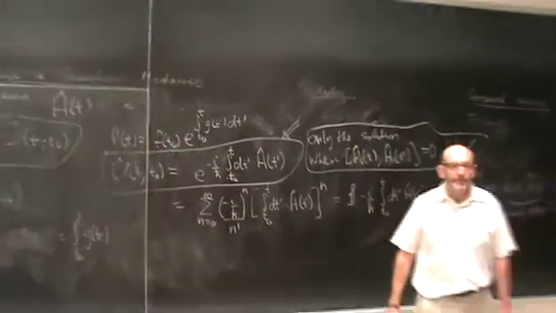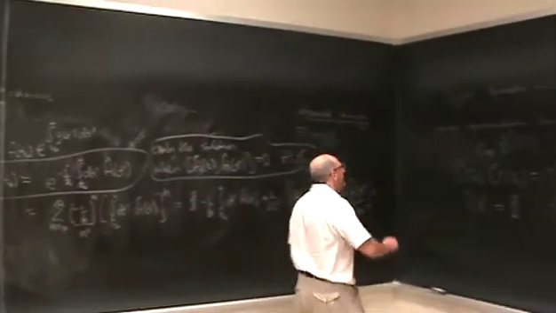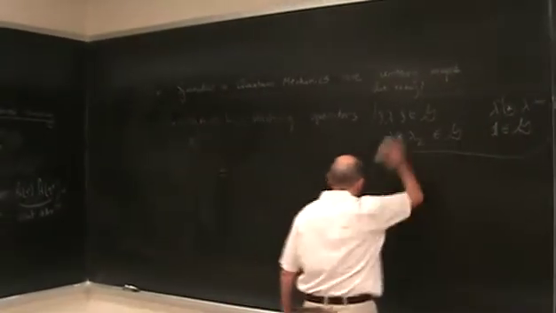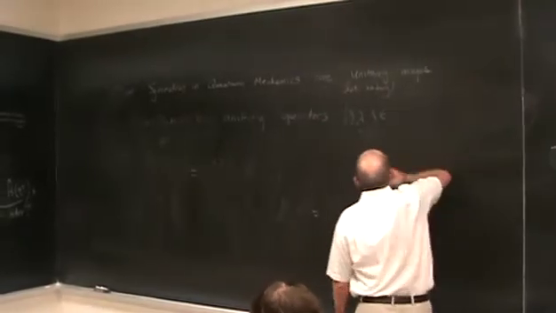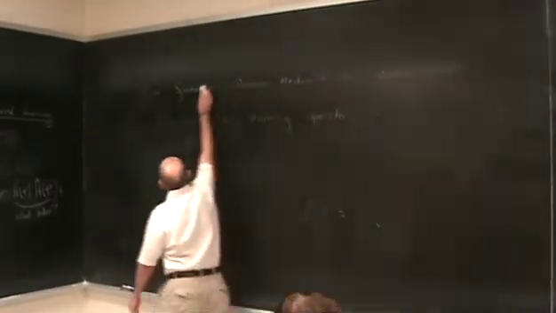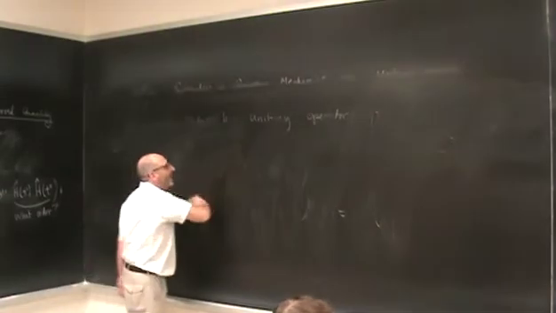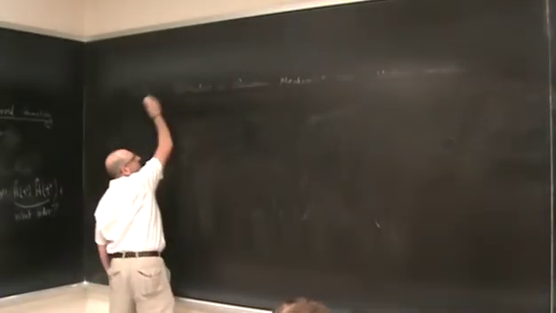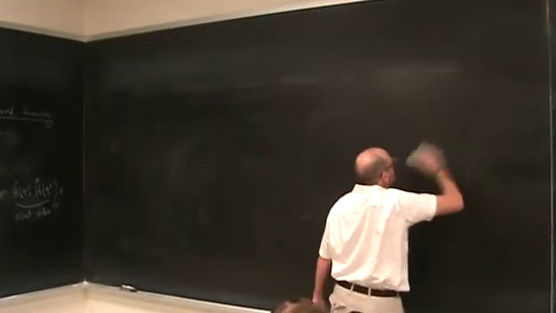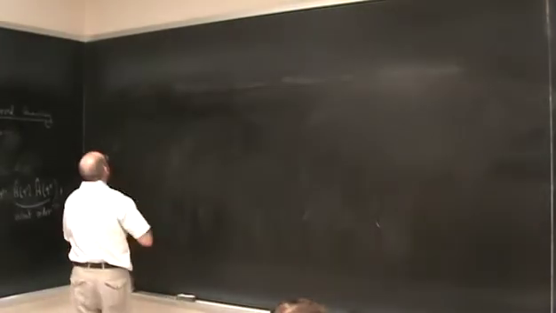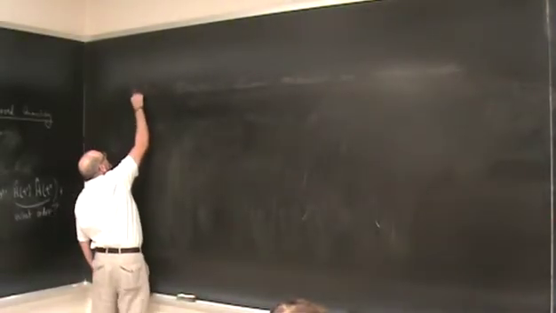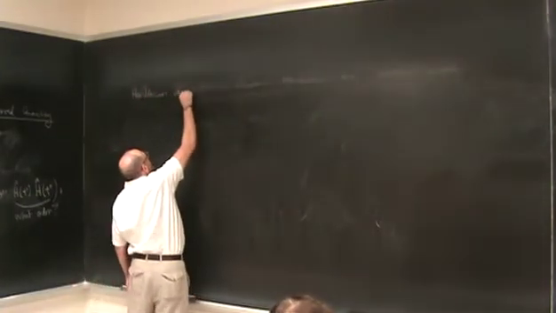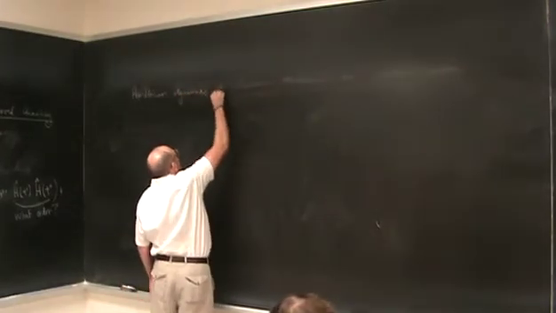All right, very good. So that's the general solution, but often instead of just solving for the whole time evolution operator, we just look at how the state itself evolves as a function of time, the Hamiltonian dynamics of the state.